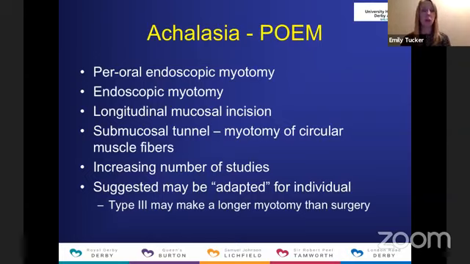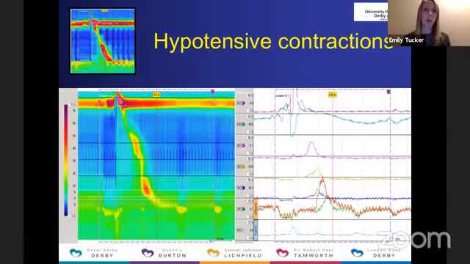There is a growing thought process around using it, particularly in type 3, spastic achalasia, where you can lengthen the myotomy, or even doing it in some cases where people have spastic disorders rather than achalasia can be helpful. And as I say, increasing the length of that myotomy is something you may do in someone with type 3 achalasia. Obviously not available in all centres.